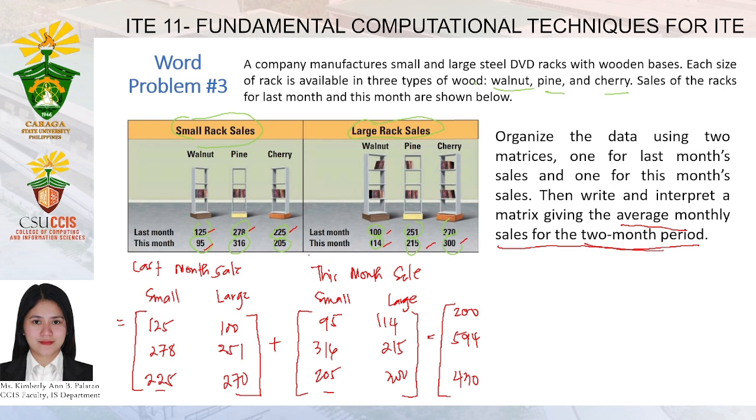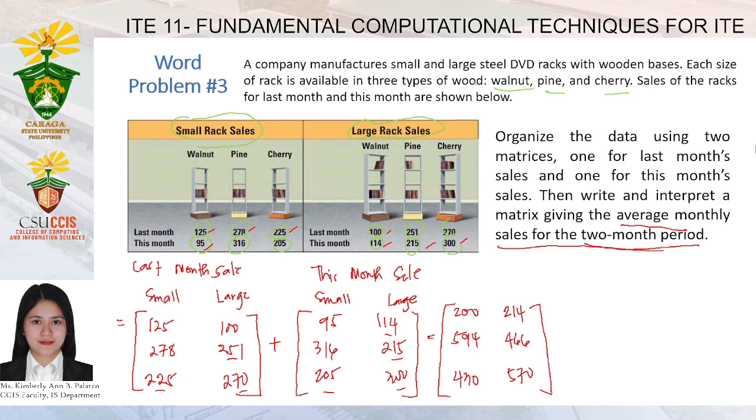Next, we have 100 plus 114 is 214. 251 plus 215 is 466. Lastly, we have 270 plus 300 is 570.